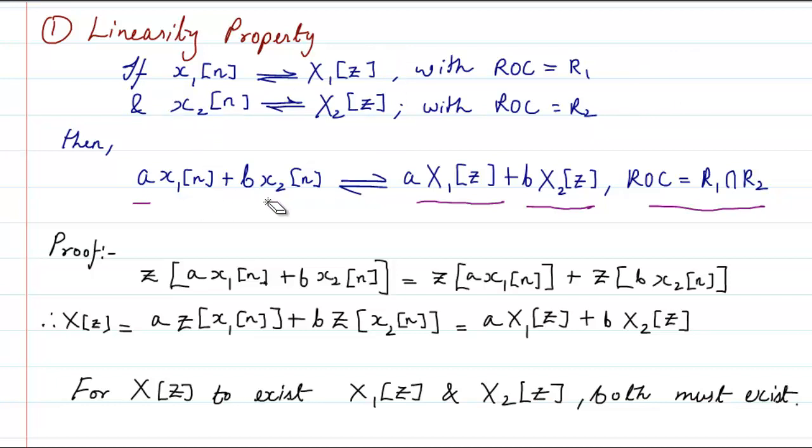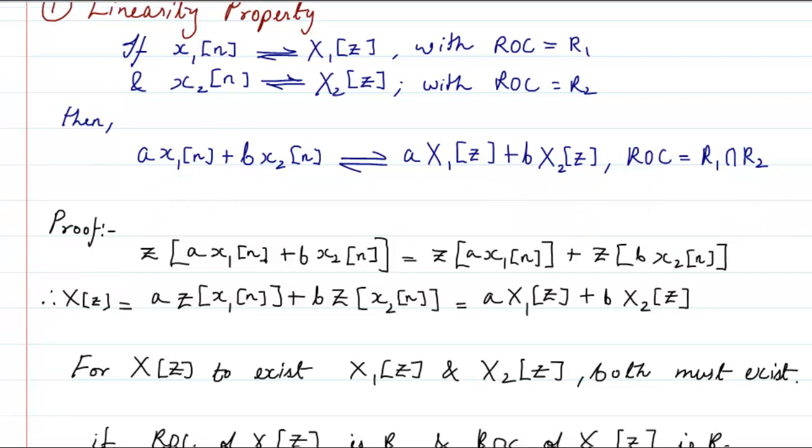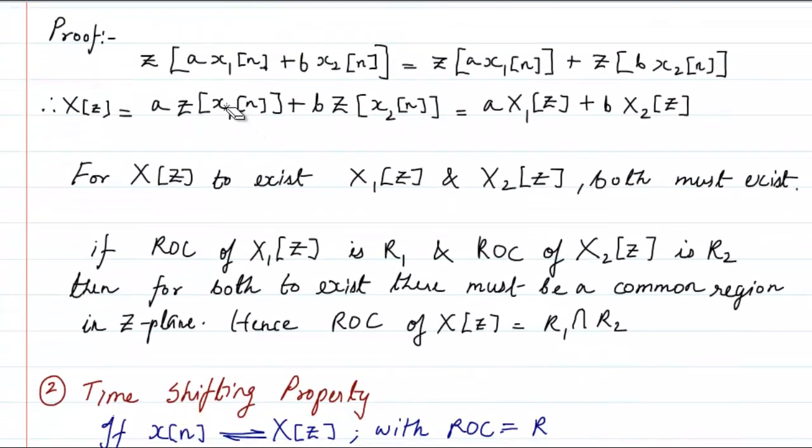Let us go and prove the linearity property. It's very simple. The proof says that the Z transform of the whole a x1 of n plus b x2 of n can be split into two parts.